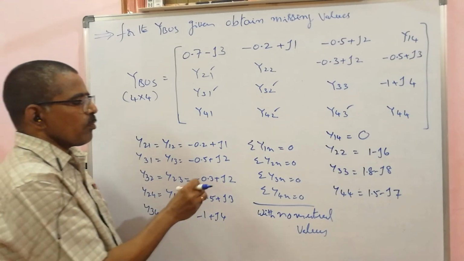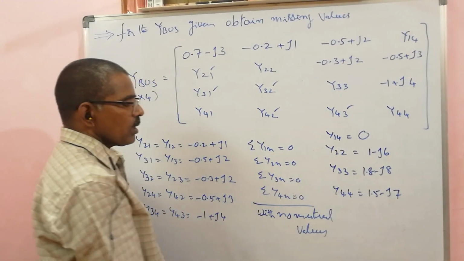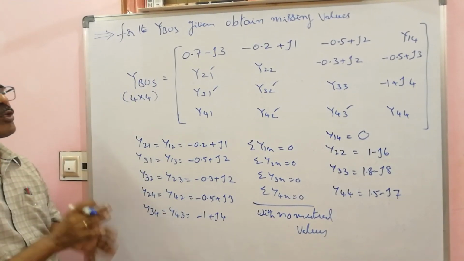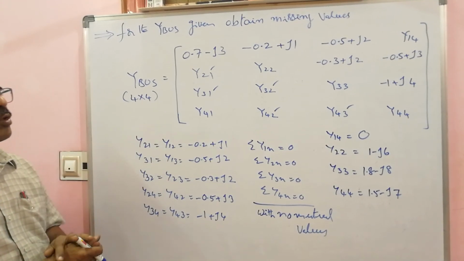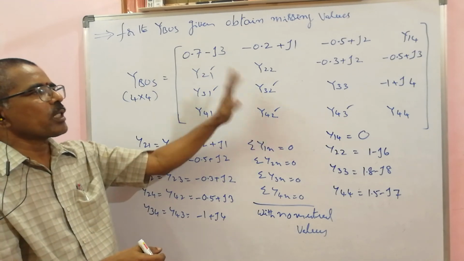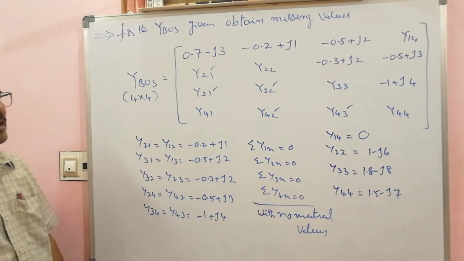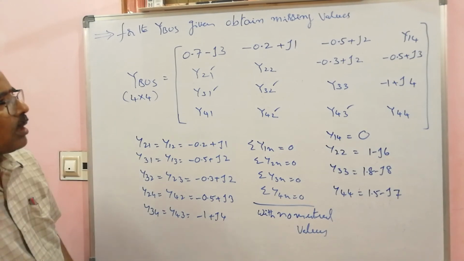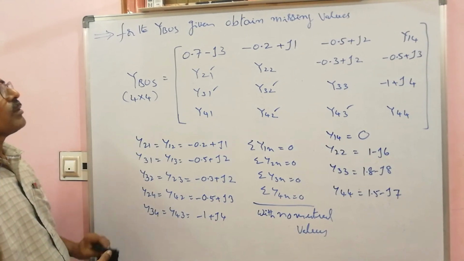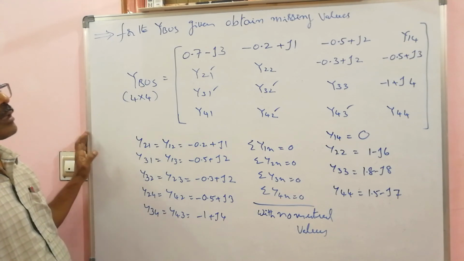It is valid only when mutual admittances are 0. So assume that the mutual values are 0, and you can proceed calculating all missing elements. Okay, this is of course to get an idea if something is missing, how that can be filled up.